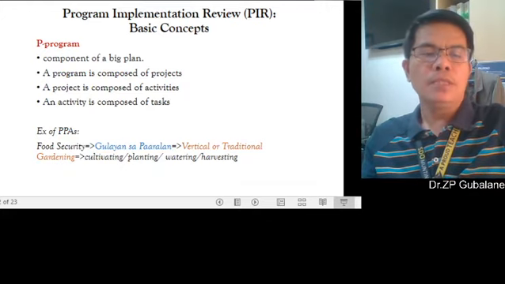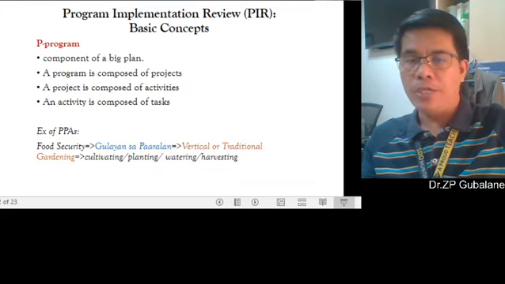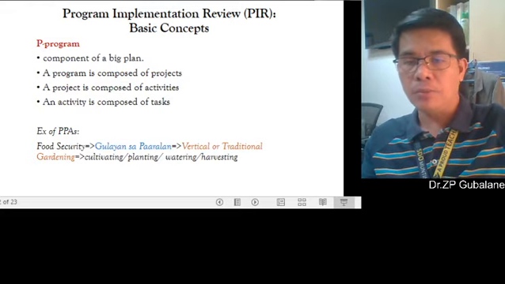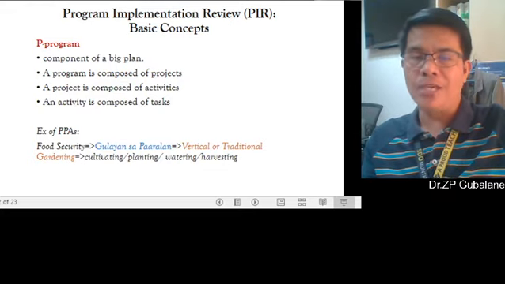A program is composed of projects. A prerequisite of a program is that it should have at least two projects. In the absence of projects, it should not be called a program. It should be a project.